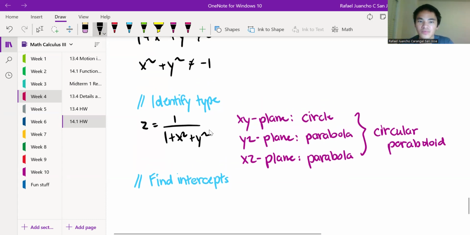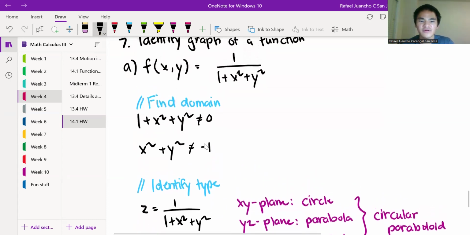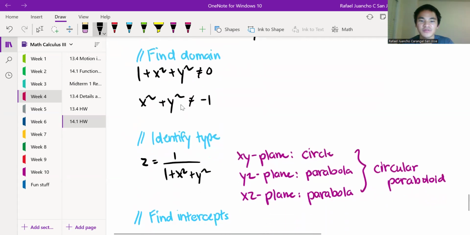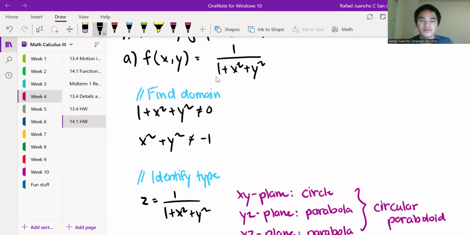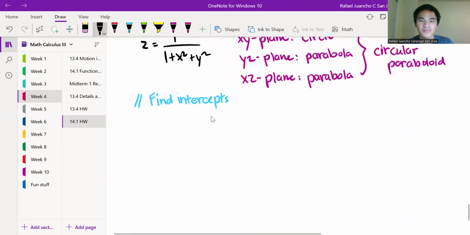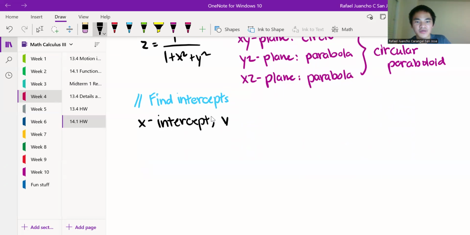Okay, I haven't found my domain yet. This one's a weird domain, right? For my intercepts, if I want to find my x, then that means my y and my z have to be 0.